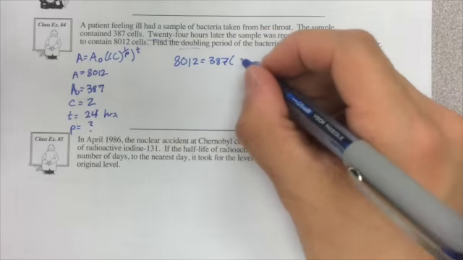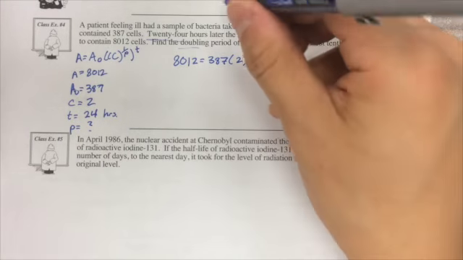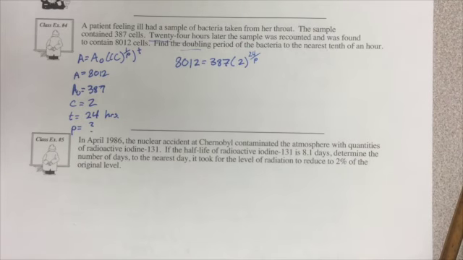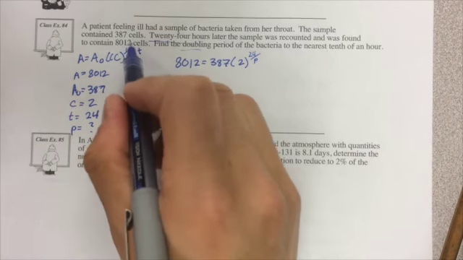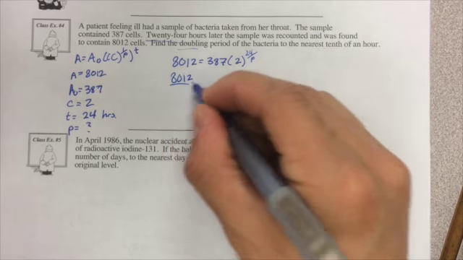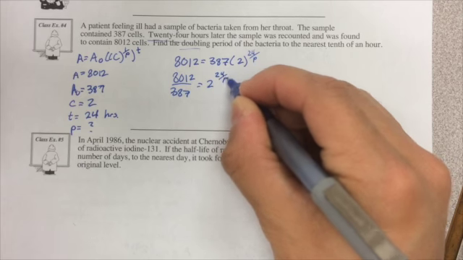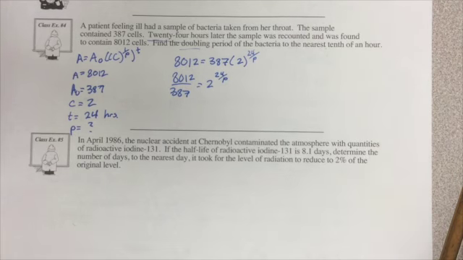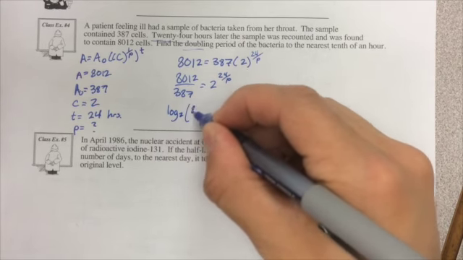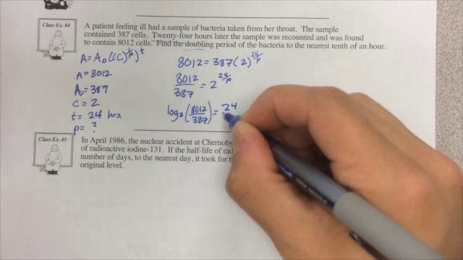So 387, and we have the doubling constant, which is 2, and we're raising that to 24 over P. Now 24 over P because I just combined these two exponents, so it became t over P. And now we can rearrange this. 8,012 divided by 387 is equal to 2 to the power of 24 divided by P. And if I take the log of this, then I'm going to be left with log base 2 of 8,012 divided by 387 is equal to 24 divided by P.